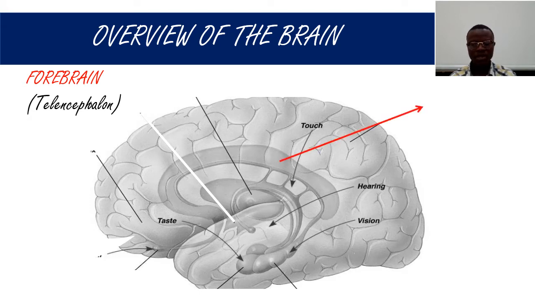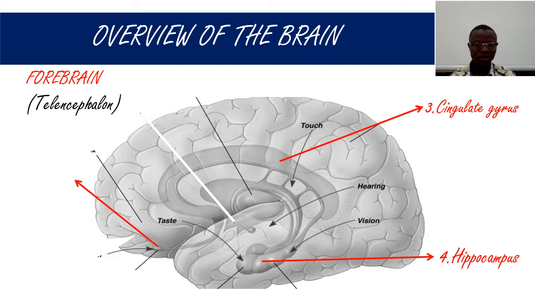Most superior here we have the cingulate gyrus, which is a major component of the limbic system, and back here we have the hippocampus, which is also very important. And more anterior here, we have the olfactory bulb.